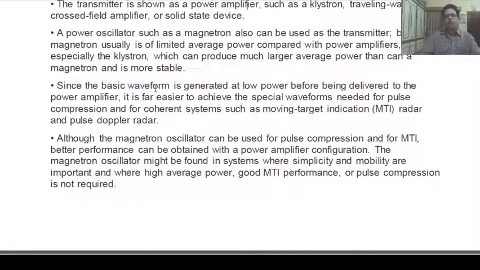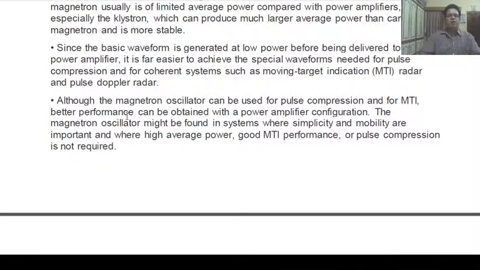Since the basic waveform is generated at low power before being delivered to the power amplifier, it is far easier to achieve the special waveforms needed for pulse compression and for coherent systems such as moving target indication radar and pulse Doppler radar.